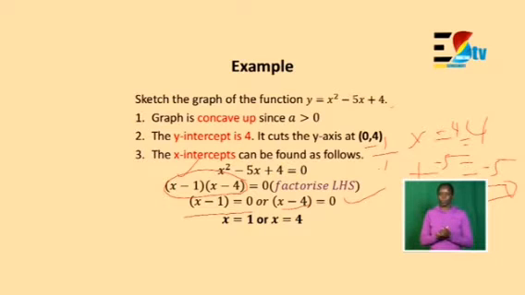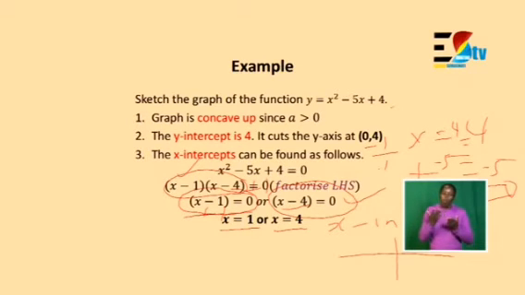Then you solve these linear equations. They are easier to solve. You just make x the subject by adding 1 to both sides. You get x equals 1 and x equals 4. So these are the x-intercepts, where the graph cuts the x-axis. You know it's at 1 and at 4.